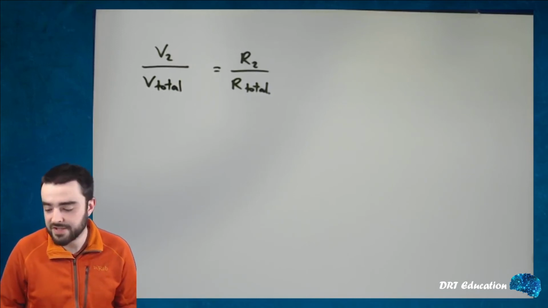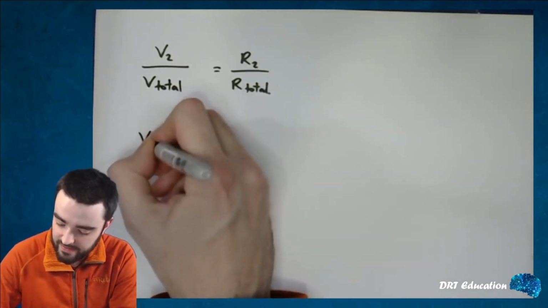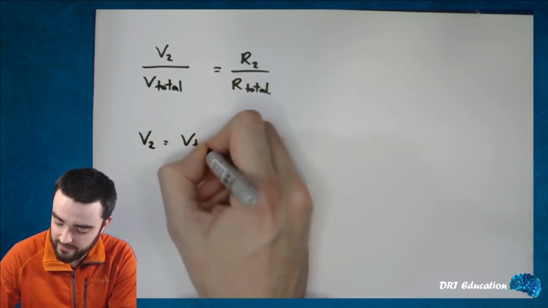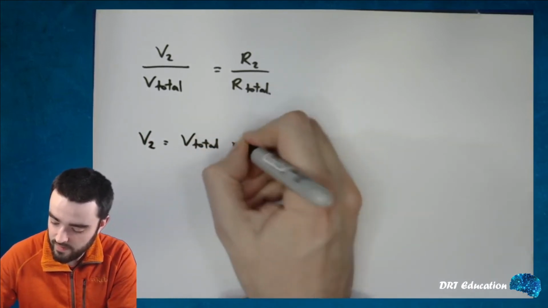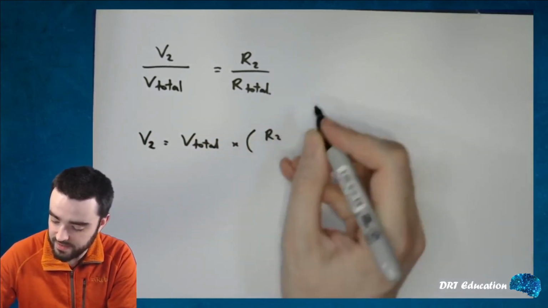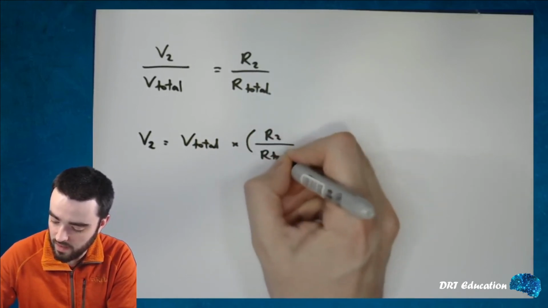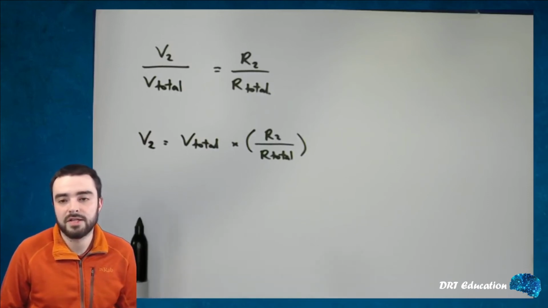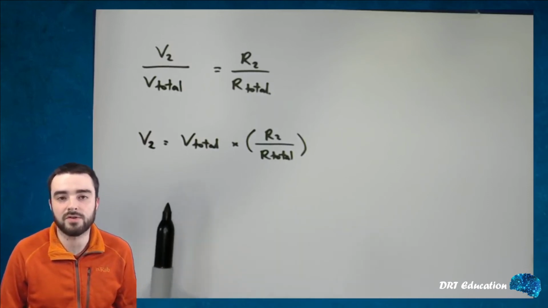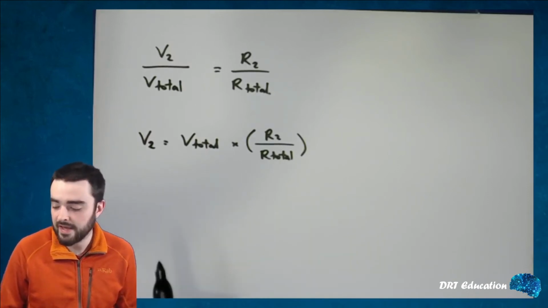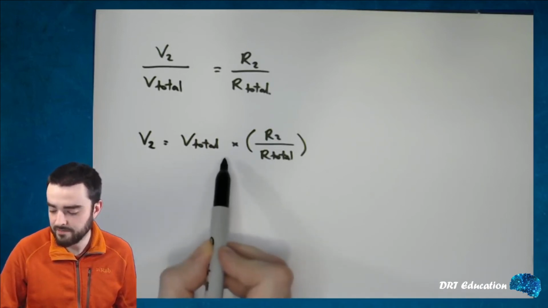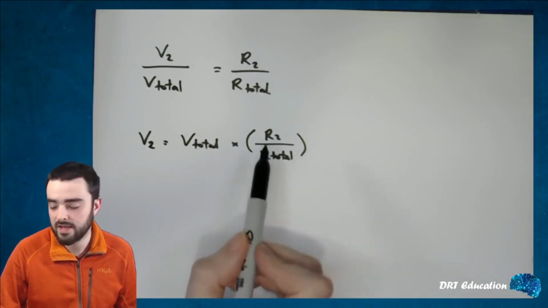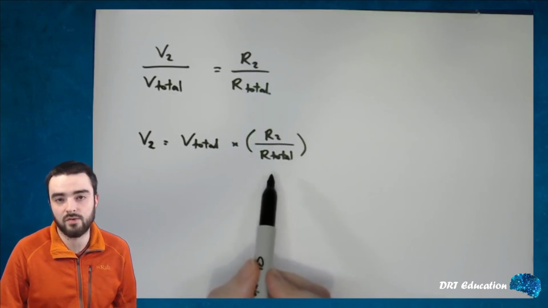We could rearrange this one more time to say that V2 is equal to V total multiplied by R2 over R total. So you can use this equation to find out what the voltage across a single component is going to be if you know the total voltage, the resistance of that component, and the total resistance within the circuit.